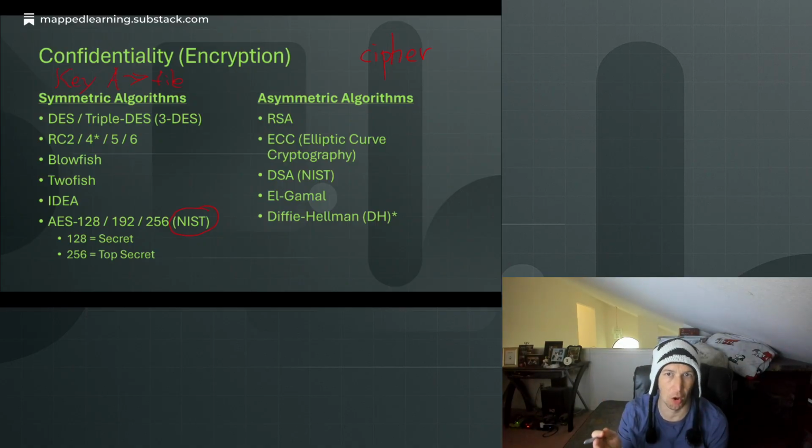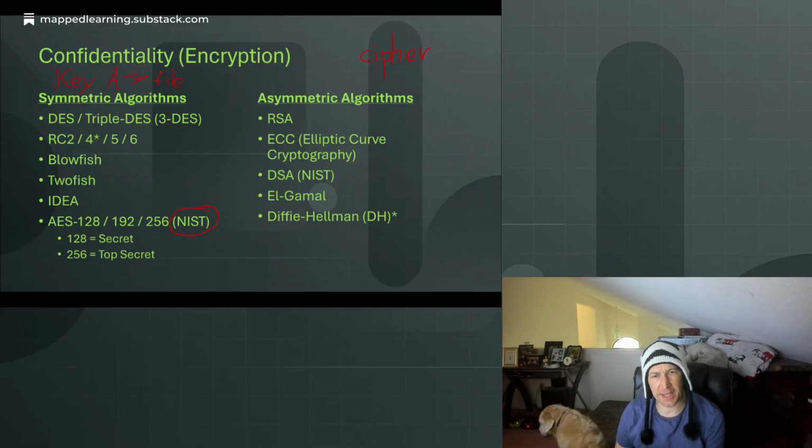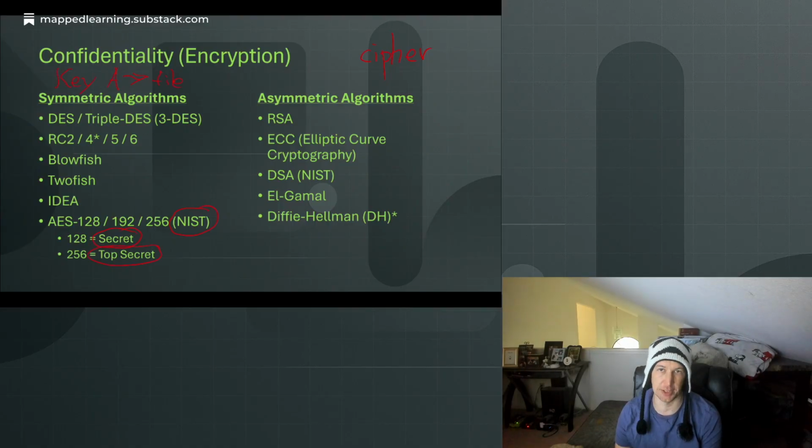Well, it would be on a certification test, but I'm not going to test you unless you want me to. But that is a nonprofit organization that works very closely with the government. And here we see AES. That is the Advanced Encryption Standard. You don't need to know that right now. But this is the encryption that is used to encrypt secret and top secret information. So just so you know that.